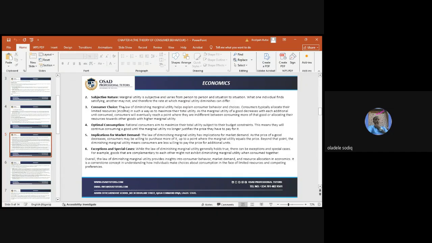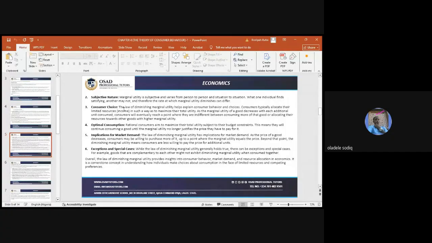So what we are saying in summary under consumer choice is that when we make a decision, don't forget I've explained scale of preference before. From our scale of preference, we make a choice. When we make a choice, we need to understand that by deciding to take a particular commodity, for example Coke as a case study, the satisfaction you derive from taking Coke may not be the same as the satisfaction you derive from taking what?